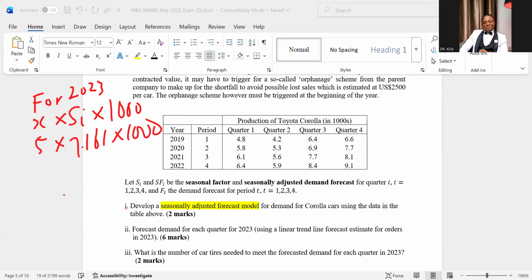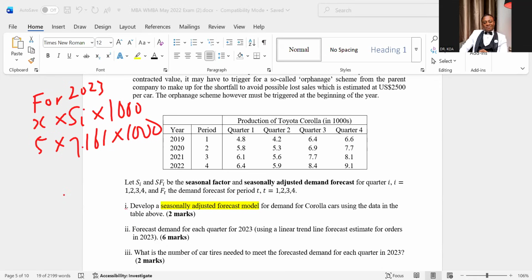Yeah. The second one will give you 32,550. Very good. So that is the number of car ties needed for quarter 2.